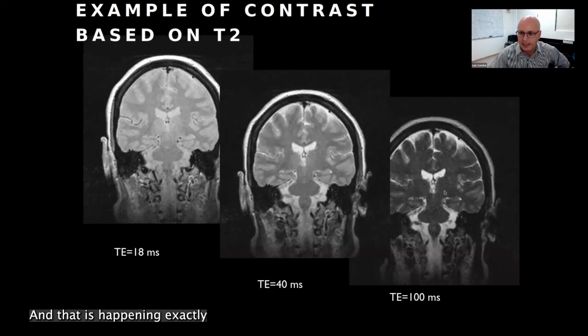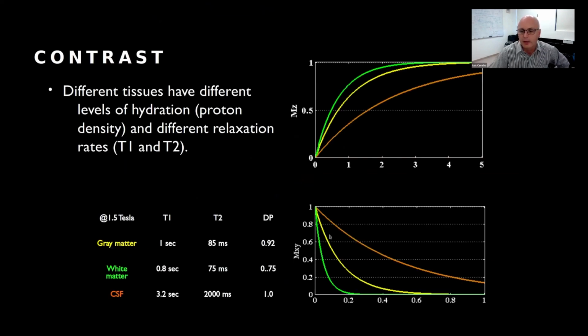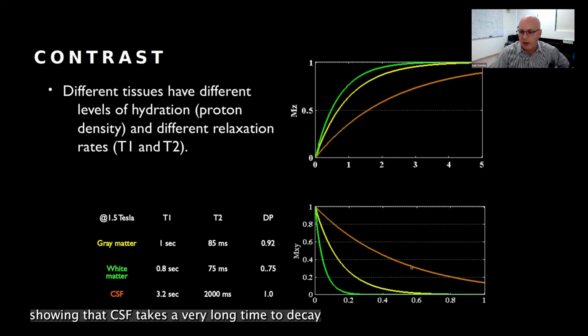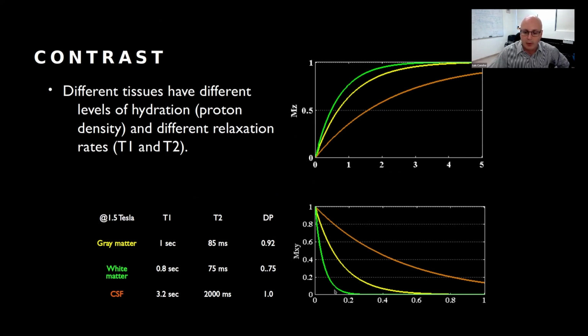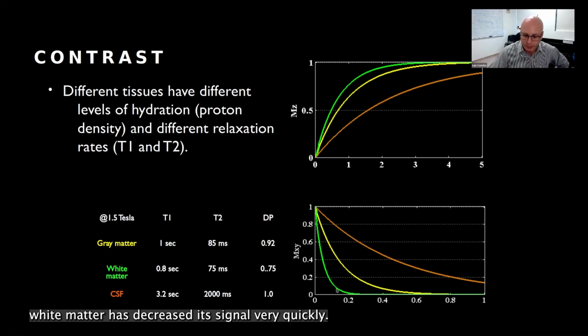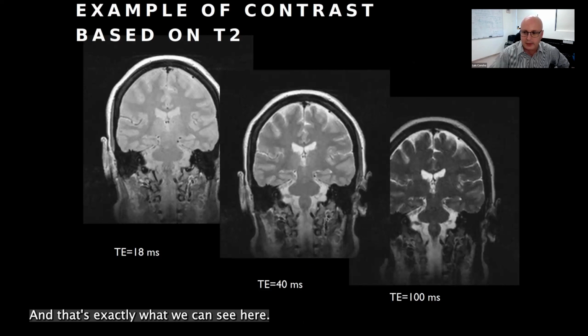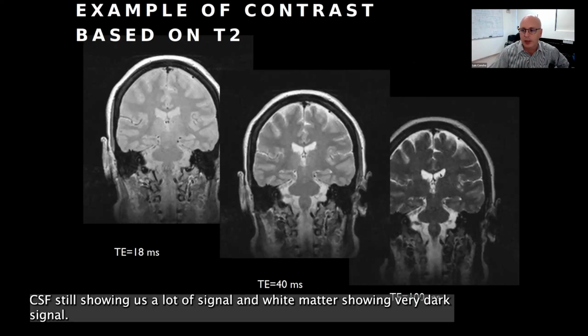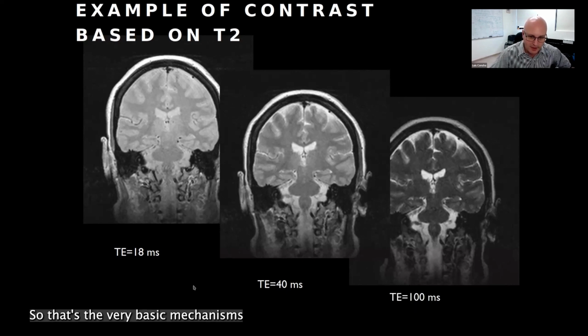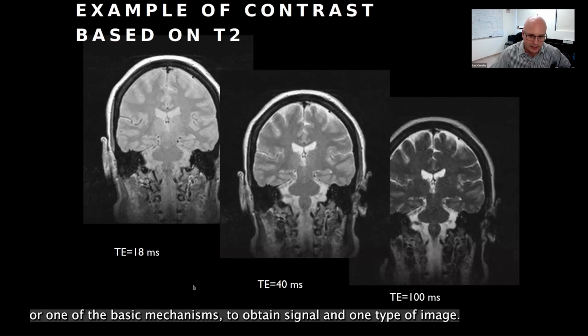And that is happening exactly because of one of these plots that we saw here, showing that CSF takes a very long time to decay in terms of signal in the transverse plane, whereas white matter has decreased its signal very quickly, and we were at 100 milliseconds, so roughly here, and that's exactly what we can see here. CSF still showing us a lot of signal, and white matter showing very dark signal. So that's the very basic mechanism, or one of the basic mechanisms, to obtain signal and one type of image.